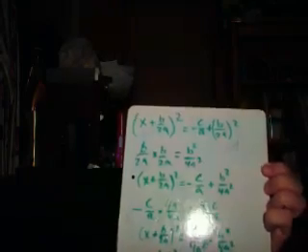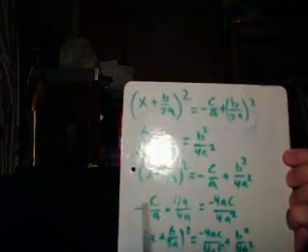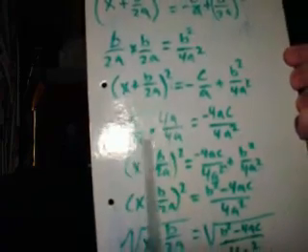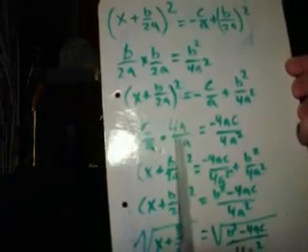Now, do you remember my video about lowest common denominator? Well, you're going to have a 4a that you need to multiply this by in order to add this to this. So we have negative c over a, as you can see right here, and we're going to multiply it by 4a over 4a.